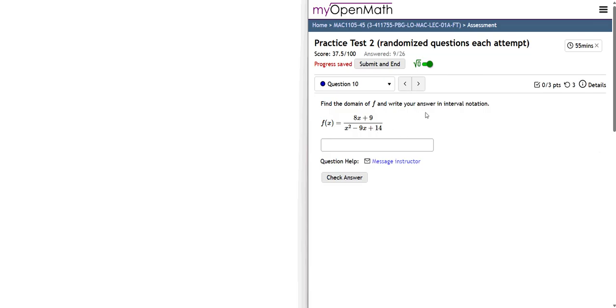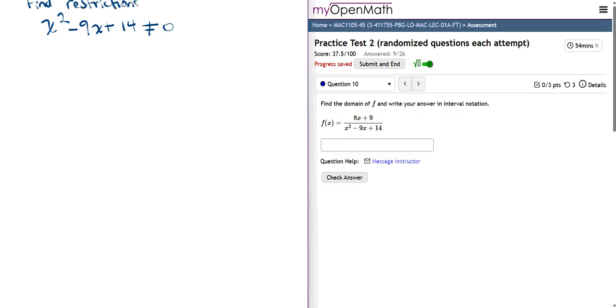So I'm going to take that denominator and say that it cannot be 0, to help me figure out which x values would cause the denominator to be 0. That's how I'm going to find the restricted values, meaning where I have to eliminate possibilities from the domain.